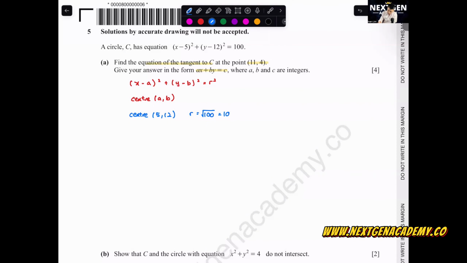They want us to find equation of tangent. Okay, how does this equation of tangent look like? Okay, maybe it's like this. Okay, we got a circle. We've got a center, 5, 12. Then we have 11, 4. Okay, 11, 4 maybe it's around here. Then we have a tangent.